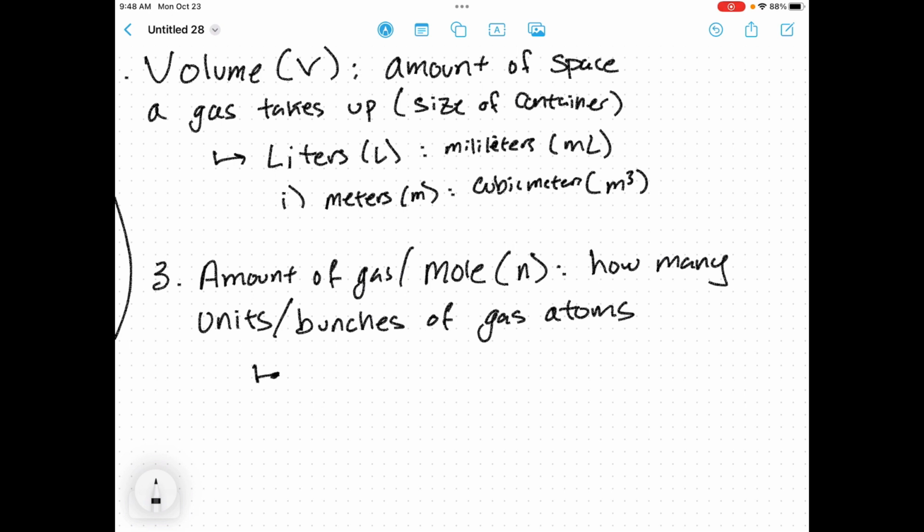You should just know that 1 mole is equal to 6.02 times 10 to the 23 atoms. It's a little conversion factor, and we might use that a little bit later.